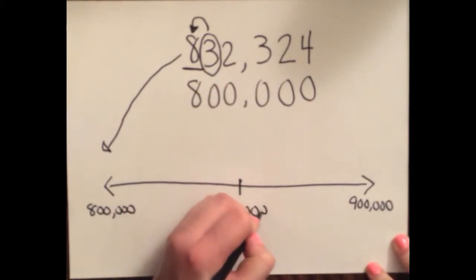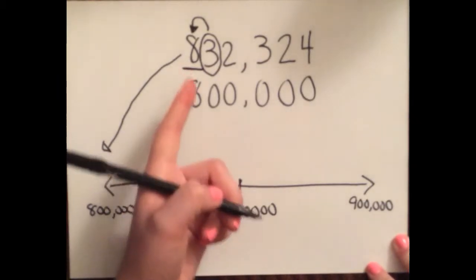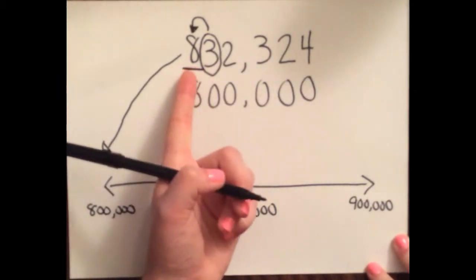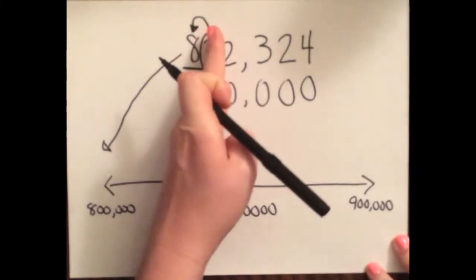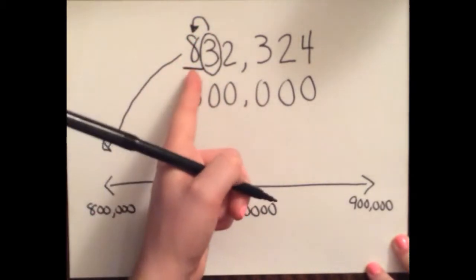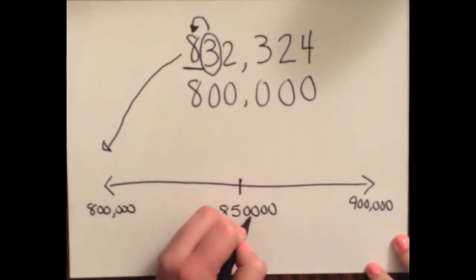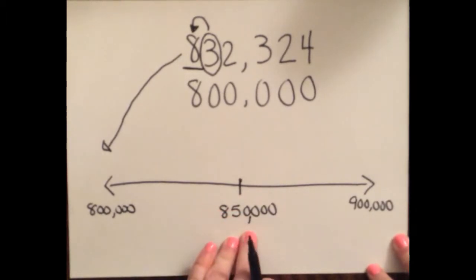And then the numbers on the left take a step, which would be an 8, because this 5 is in the 10,000s place. The numbers on the left are just the 100,000s, and that's an 8. So that's 850,000. Comma goes after 3 digits.